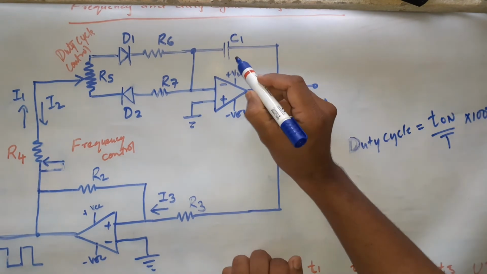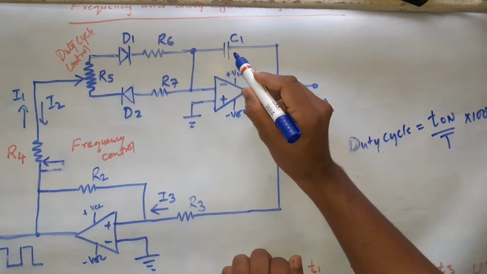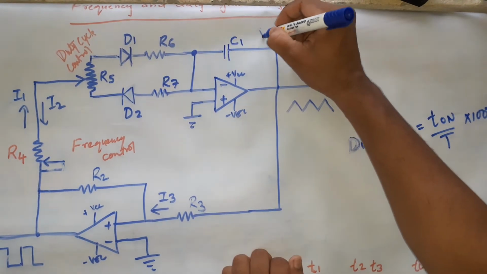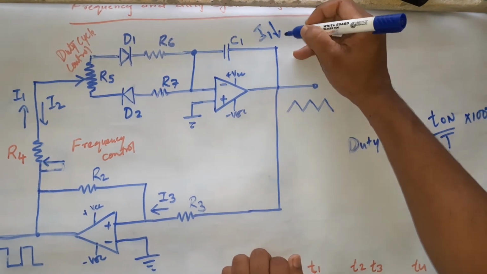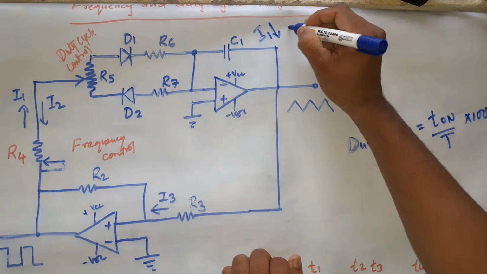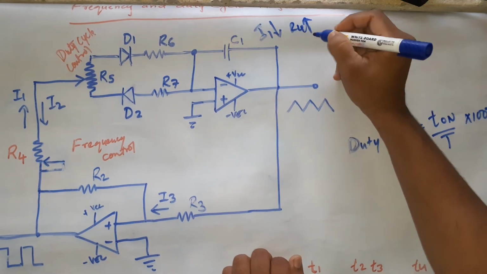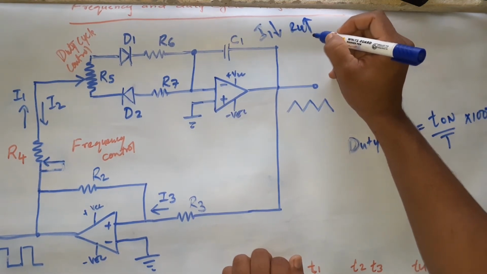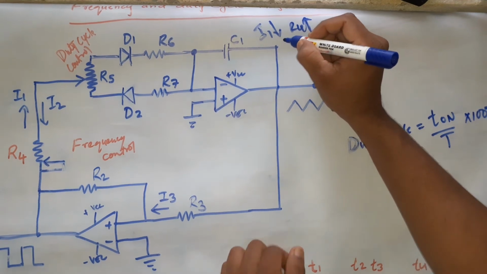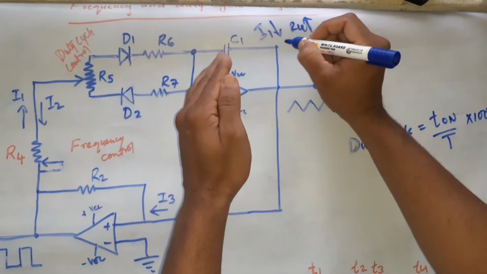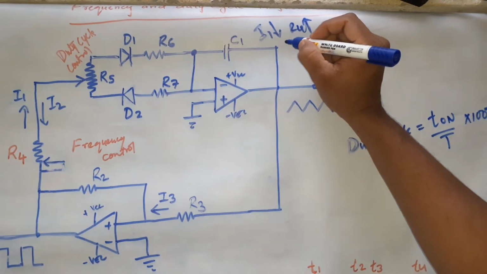The capacitor C1 charges slowly because the current has been decreased. Because of the increase in R4, current I1 is decreased, due to which the charging of the capacitor has become slow.